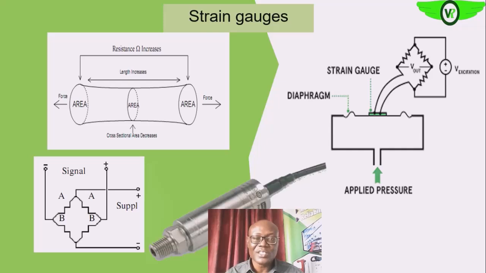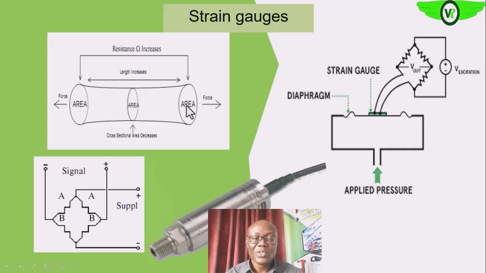The strain gauge is usually made up of a very thin wire material, and we know that resistance of a wire is equal to rho L over A, where rho is the resistivity of the wire and L is the length of the wire. A is the cross-sectional area of the wire.